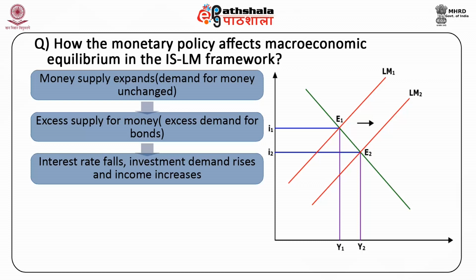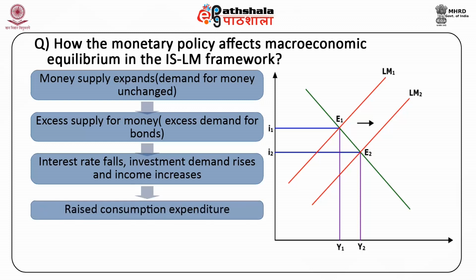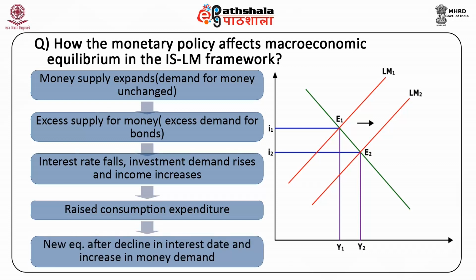This increase in income further raises consumption expenditures via the multiplier effect. The new equilibrium is attained after the decline in interest rate and increase in income increases money demand until it is equal to the increase in money supply.